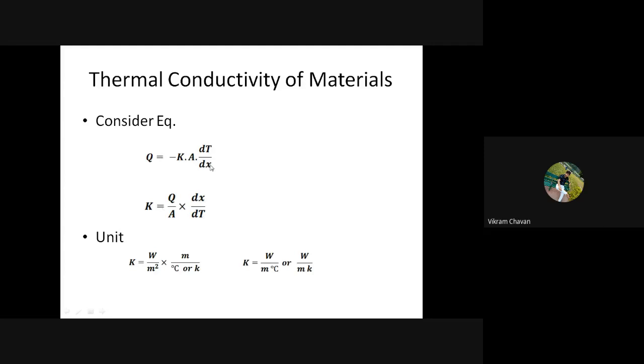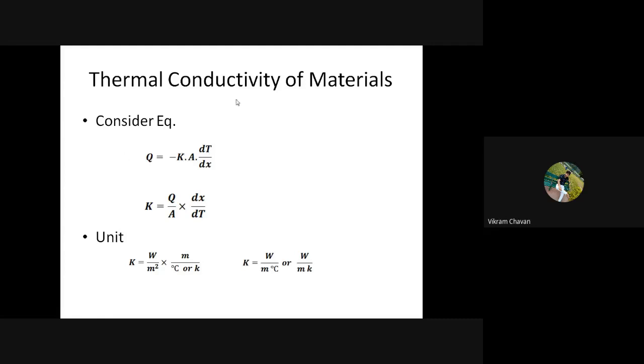So dx is transferred to that side, Q and A to the other side, and dT to that side, so the remaining part is K only. This negative sign is absorbed inside the dT; in that case dT becomes T1 minus T2.